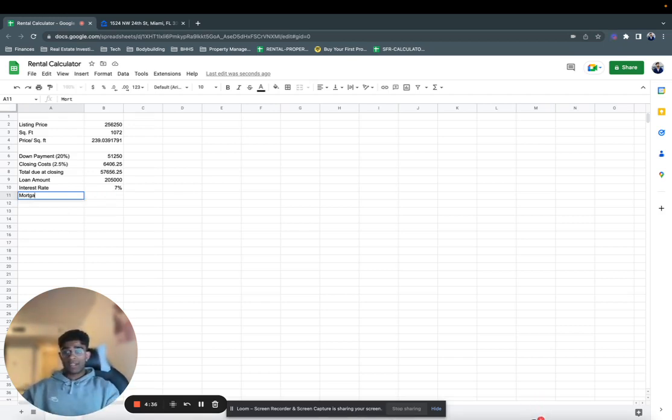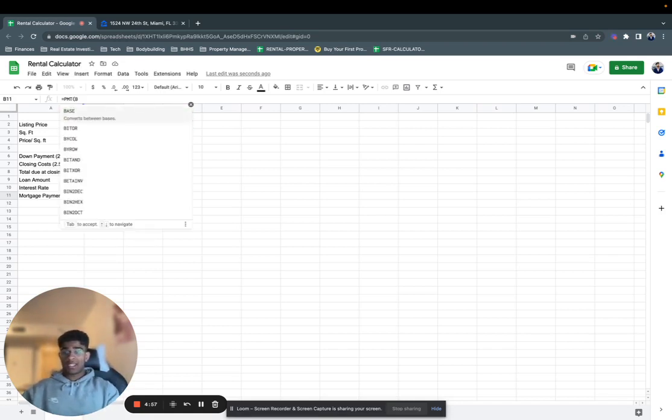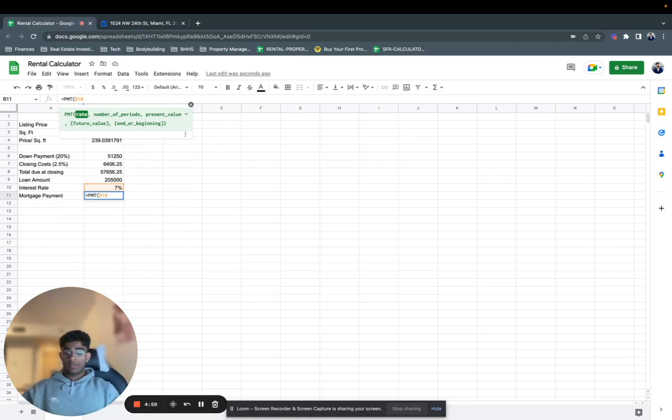So now we can finally calculate the mortgage payment using something called the PMT function in Google Sheets. This PMT function takes three inputs. The first thing is the monthly rate of interest. That would just be the interest rate from before divided by 12 months in the year.